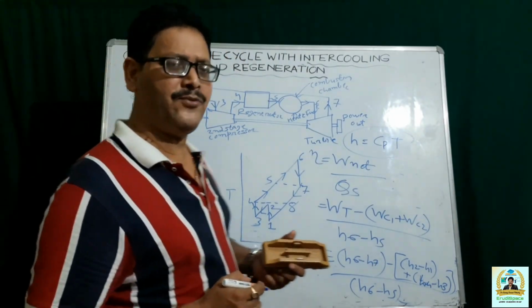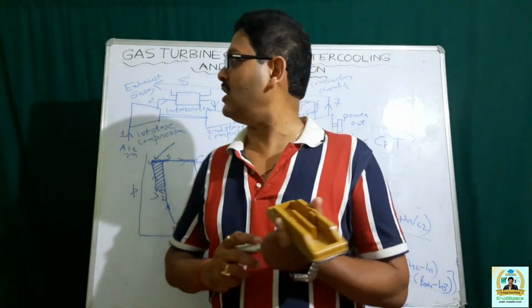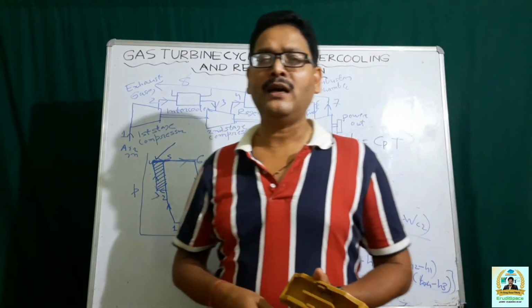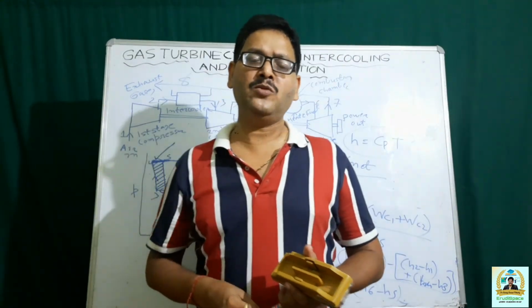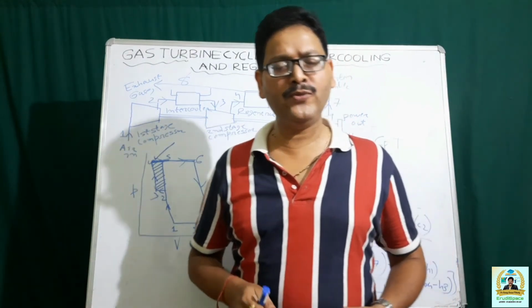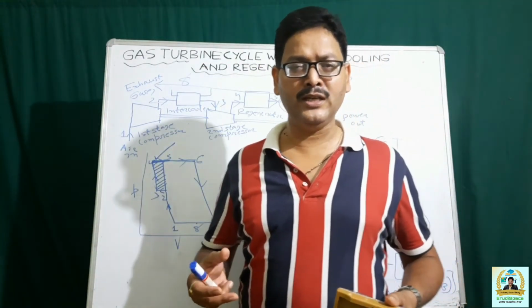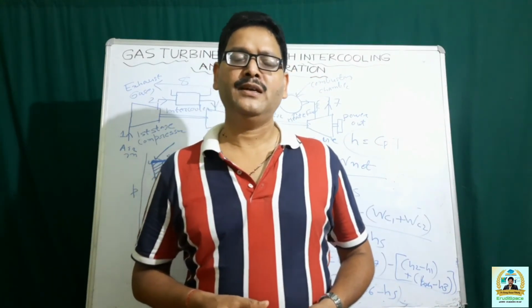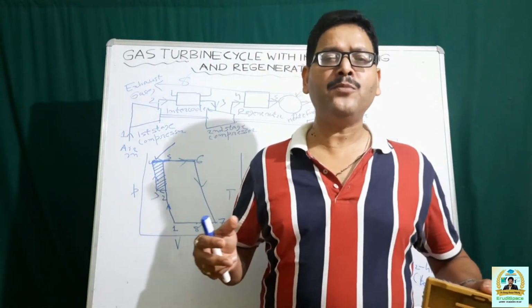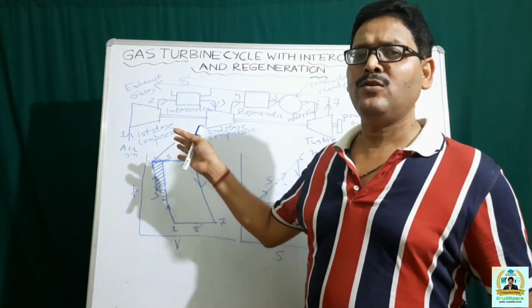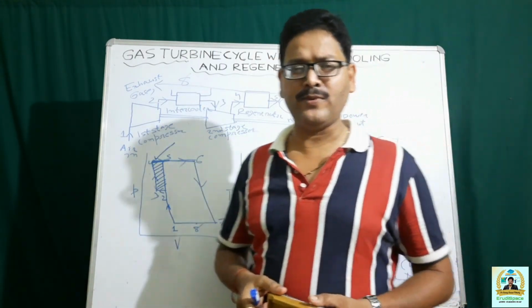So I sincerely believe that today's lecture on gas turbine cycle with intercooler and regenerator would be extremely useful for all of you in understanding the concept of both intercooling and regenerating when both are there in open cycle gas turbine.